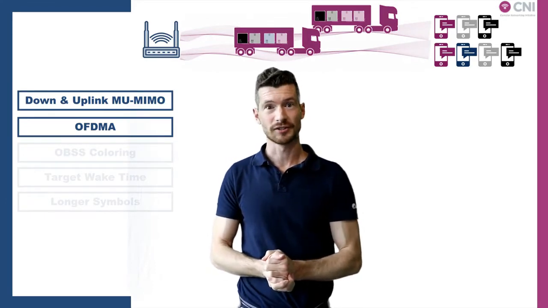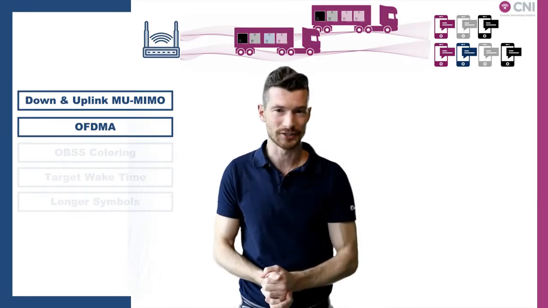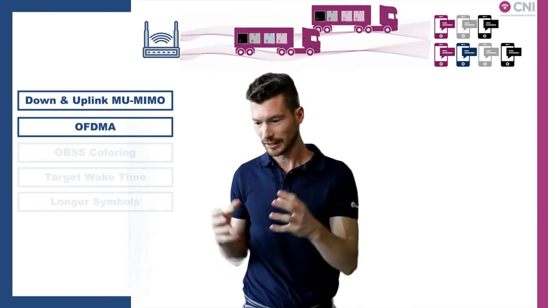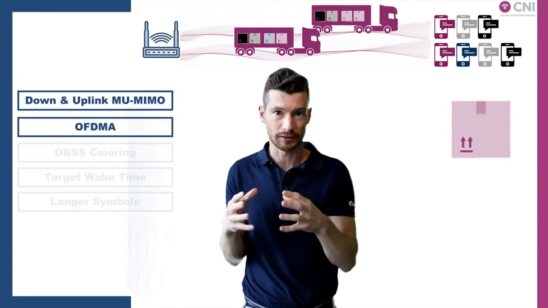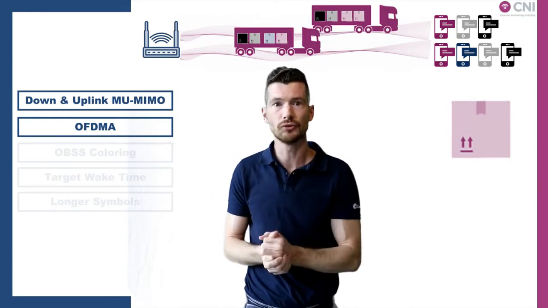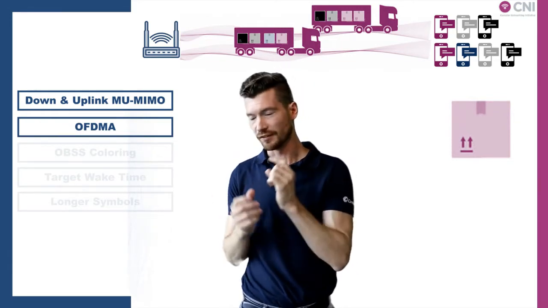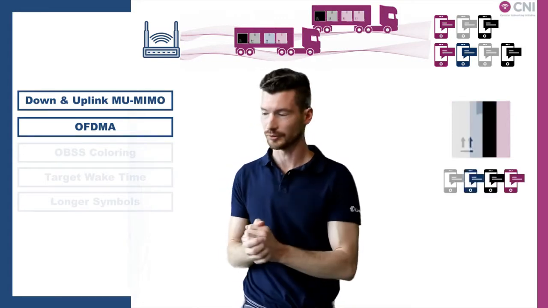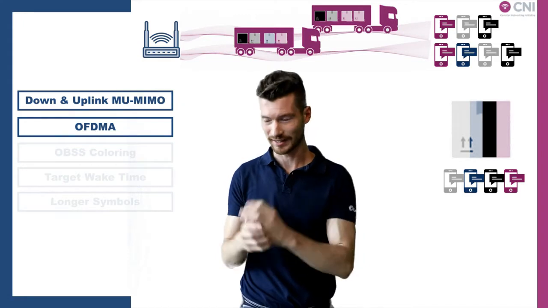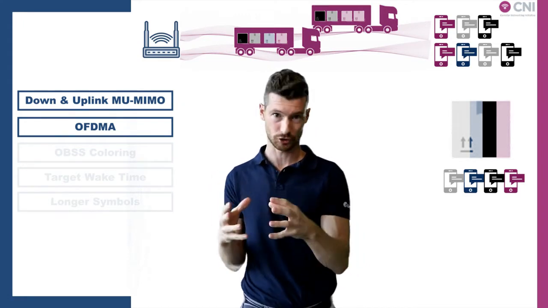But what if it's just sending some readings of data? That's not really using a full 20 megahertz channel. So it maybe only uses 2 megahertz at once. With this in mind, we can support up to 9 of these IoT clients simultaneously in one single box.